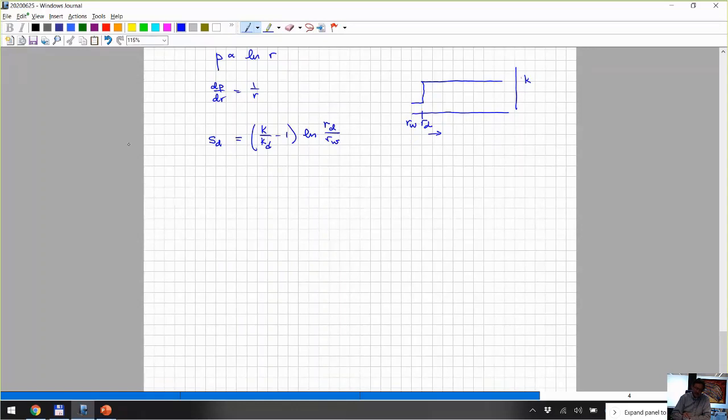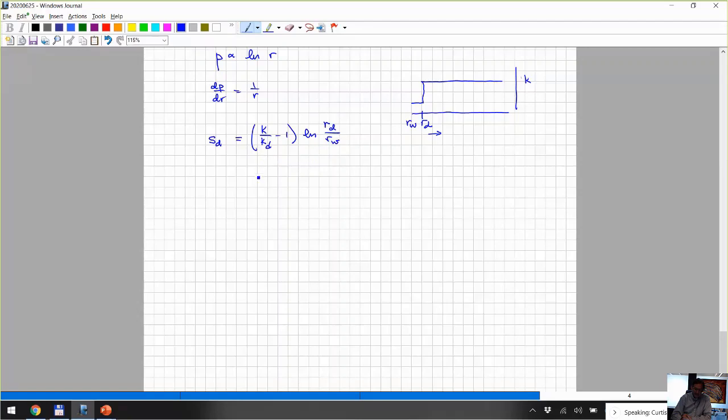And this is related to the fact that the pressure varies with log of radius, and the pressure drop per inch is 1/r. And that leads to this. So you don't need a very big damage radius, right?